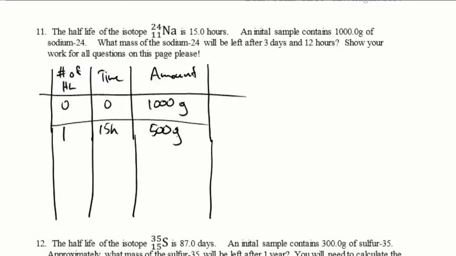The important thing about the question here is to read it very carefully. It says the initial sample contains 1,000 grams of sodium-24, and then the question asks for what mass of sodium-24 will be left. You'll notice some questions will ask about the daughter material, the isotope that's actually created.